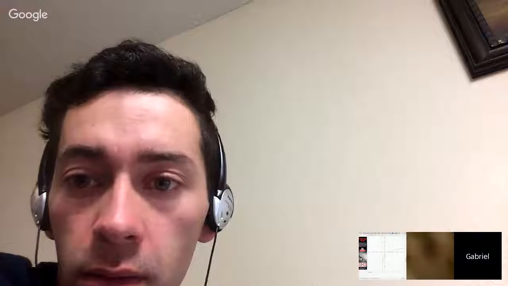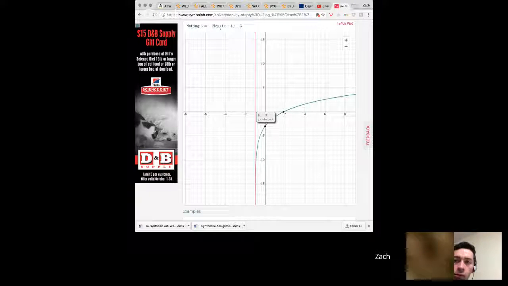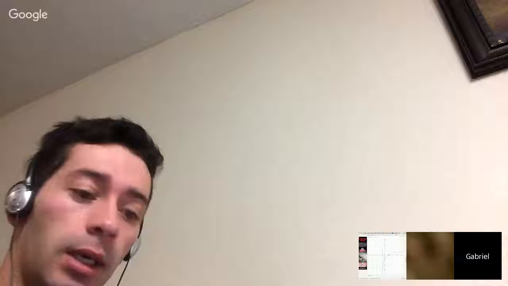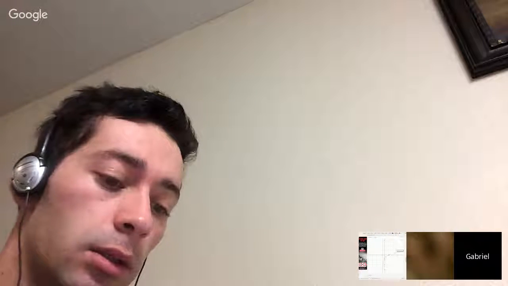So the vertical asymptote is negative what? And what are those y coordinates? So it's 0 and -3 is the y-intercept, and the x-intercept is 2 square root of 2 minus 1. But it can't be -3 if it is moved to the left 1.